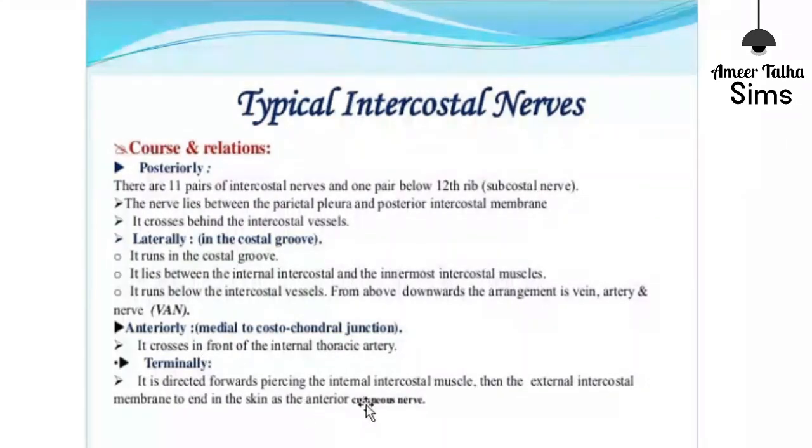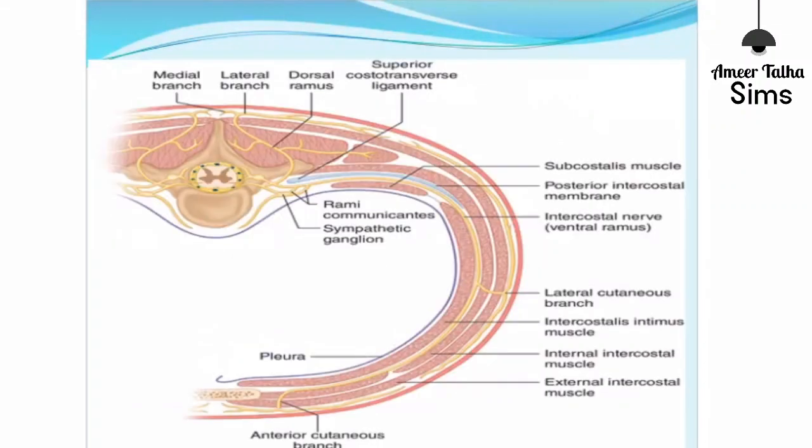Let's follow this diagram for the concept of intercostal nerves. As I just told you, intercostal nerves are the ventral rami of the thoracic spinal nerves. Near its origin, it is present between the posterior intercostal membrane and the pleura.